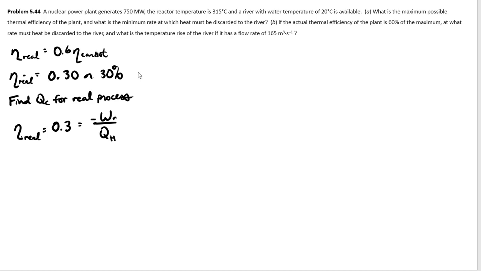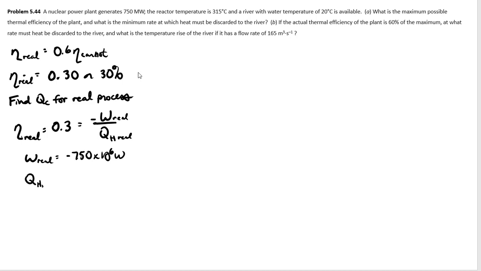I'm going to write the real work and the real QH that's coming into the system. The real work is 750 megawatts. And so we're left with one equation, one unknown.